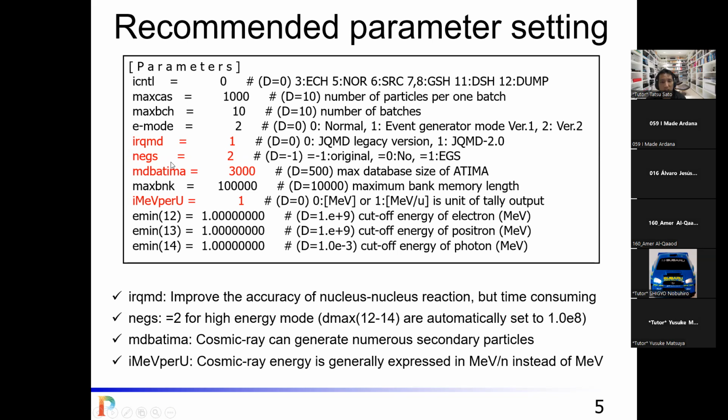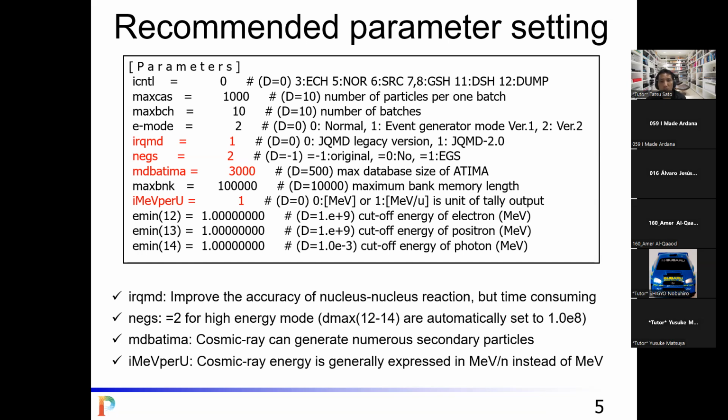And negs equal to 2. Usually people use -1, the original PHITS photon transport only, or +1, the EGS mode. But 2 is the high energy EGS mode. The highest energy of photons, electrons, and positrons transported when negs is set to 1 is 1 GeV. But in cosmic ray simulation, sometimes higher energy electrons are generated.